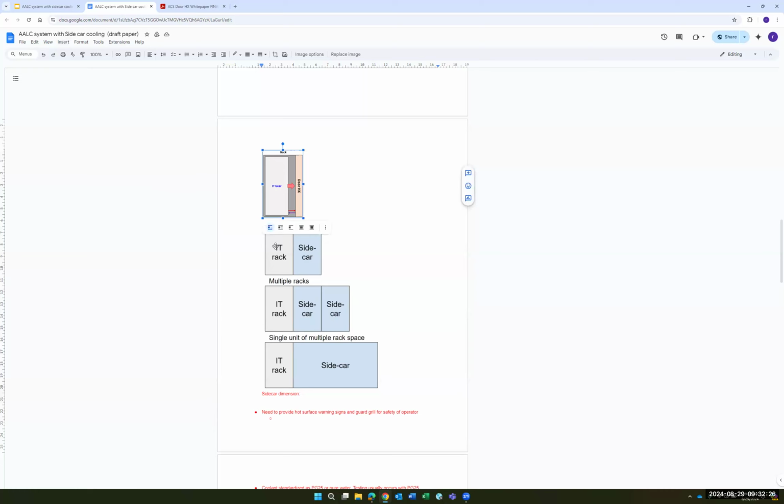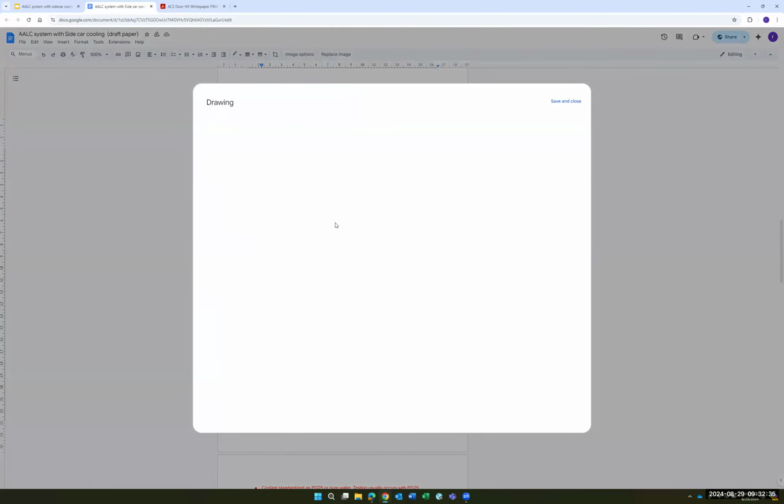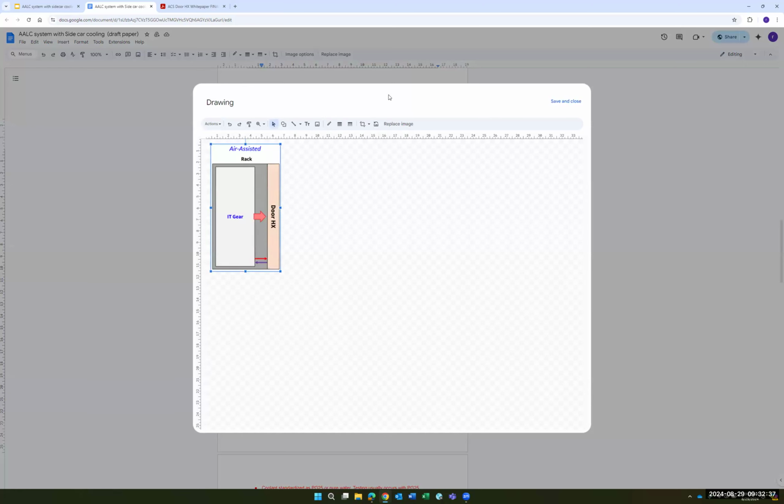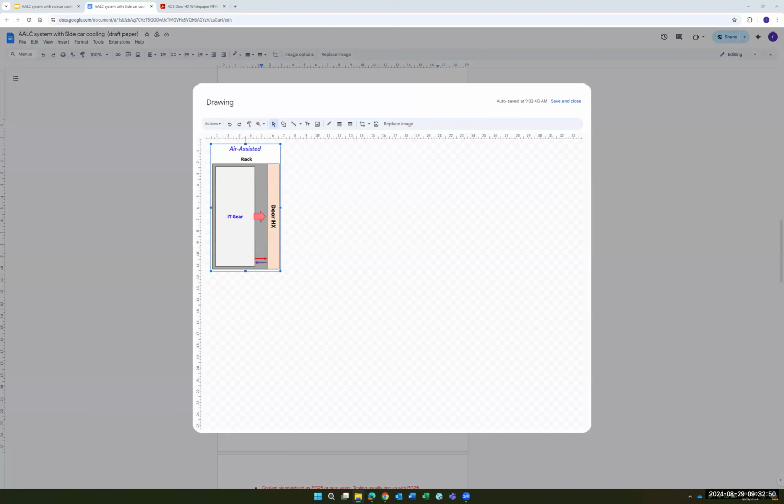And when you're doing your presentation, we're selling against another technology, so you would want to talk about the limitations of the other technology and why this technology exists. And like Juan Carlos was saying, the amount of air that you can get through the IT gear is a limiting factor to how much cooling capacity you can have for a rear door heat exchanger.